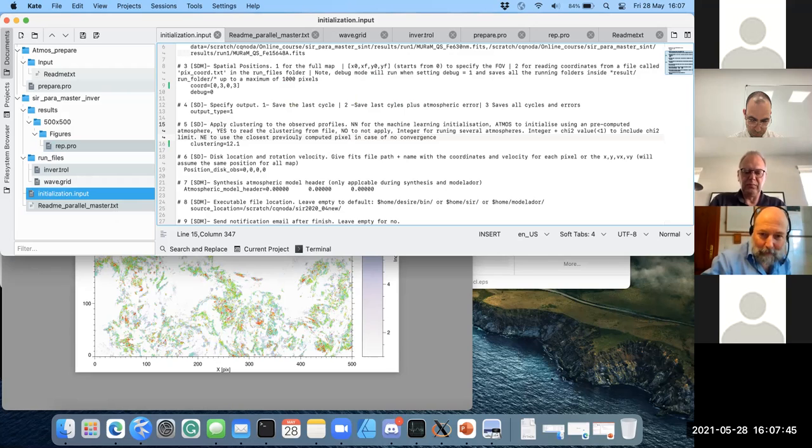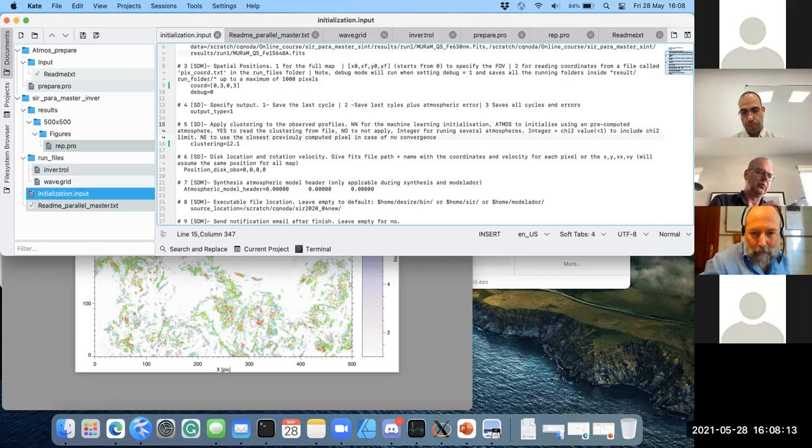So the first part of this model was you just give the code a fits file with the index for each pixel. And this index was given by you. So if you wanted to do clustering, or split your map using intensity, or as you mentioned, synthesized lines and pick the atmosphere that creates a profile similar to the observation, you can do it.